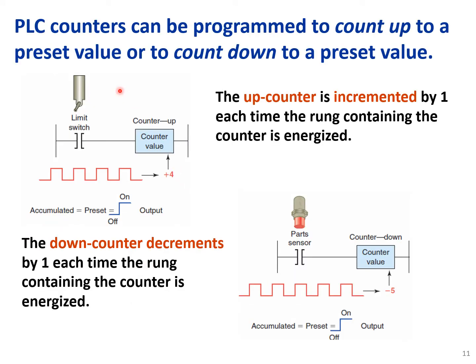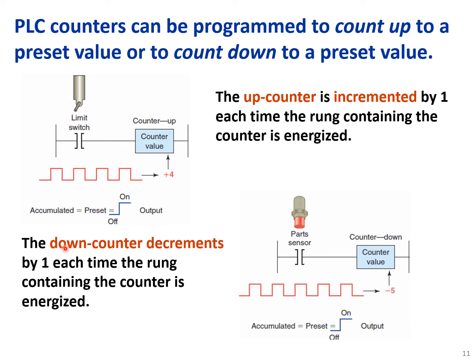PLC counters can be programmed to count up to a preset value or to count down to a preset value. So up counter and down counter. Okay, the up counter is incremented by 1 each time the rung containing the counter is energized. So every time this limit switch here is energized and we have a pulse, then the accumulated value will increment by 1.